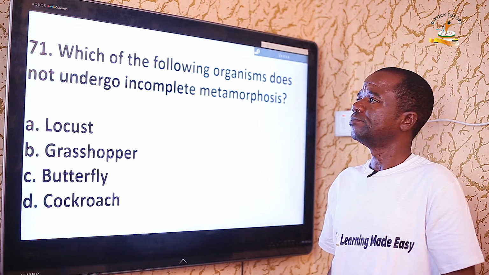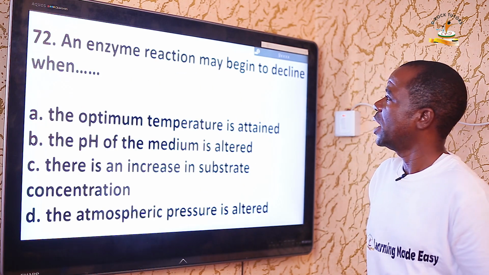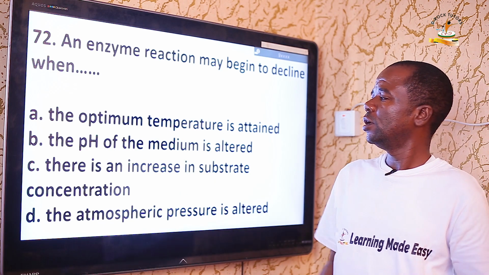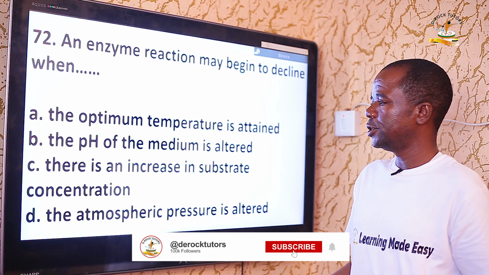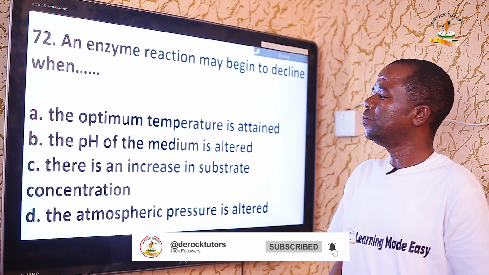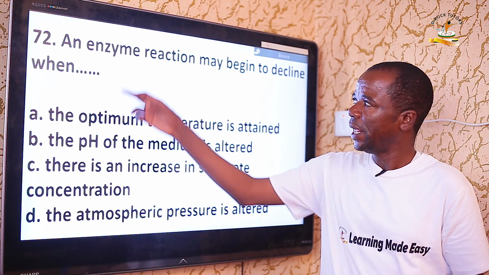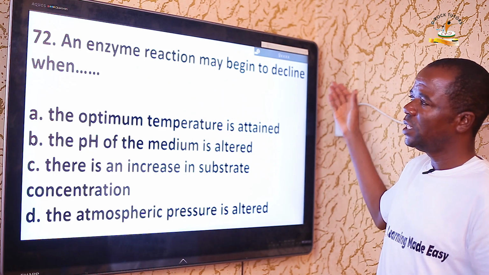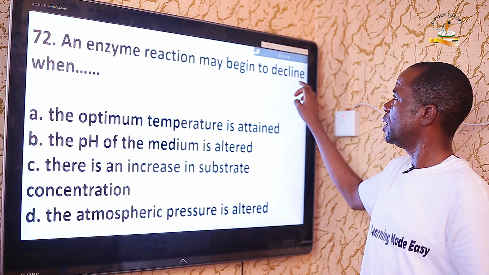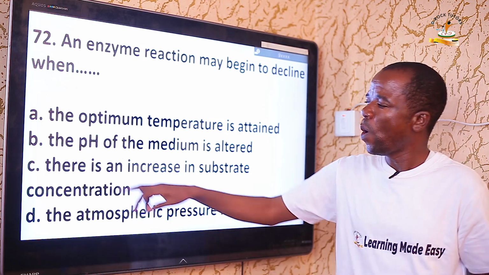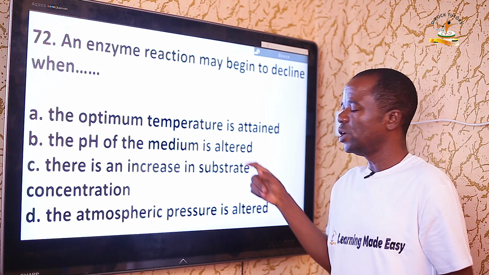Number 72. An enzyme reaction may begin to decline when option A, the optimum temperature is attained. No. Option B, the pH of the medium is altered. Absolutely, that's the correct answer. An enzyme reaction may begin to decline, may begin to deteriorate. That's the meaning of decline, deteriorate, or decrease, when the pH of the medium is altered.